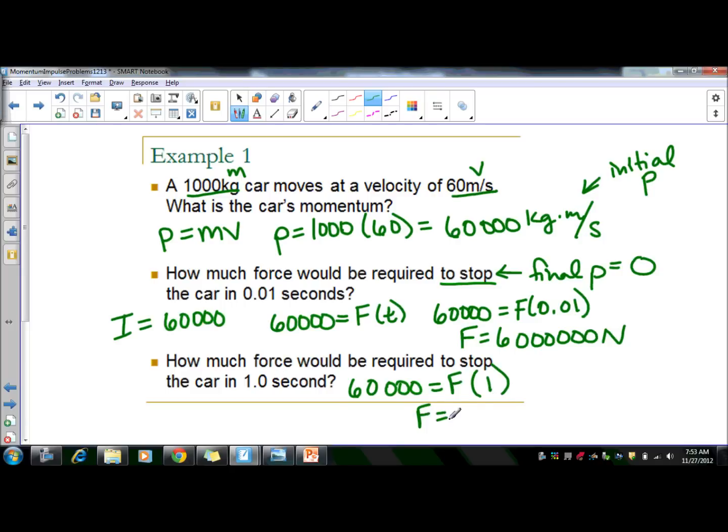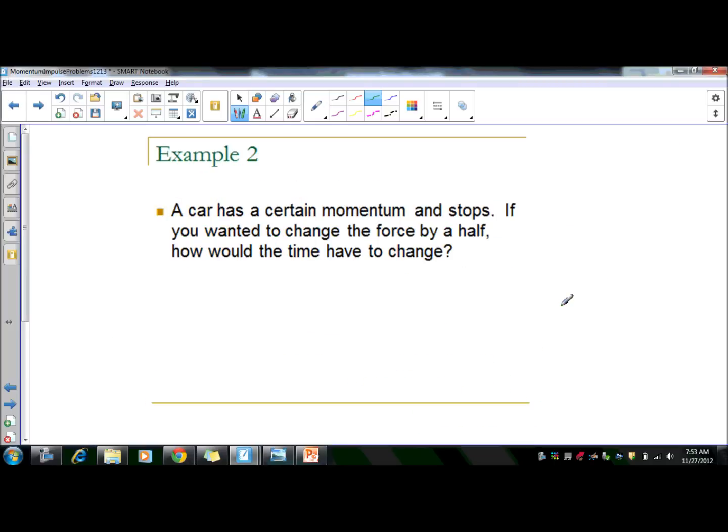So the force here is going to be 60,000. So we go from 6 million newtons to 60,000 newtons by extending that time. So you can see that force decreases as the time increases. That's an inverse relationship.